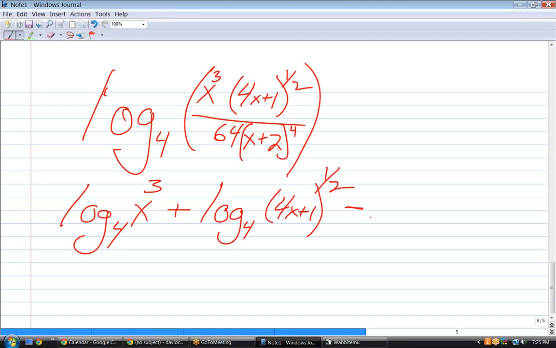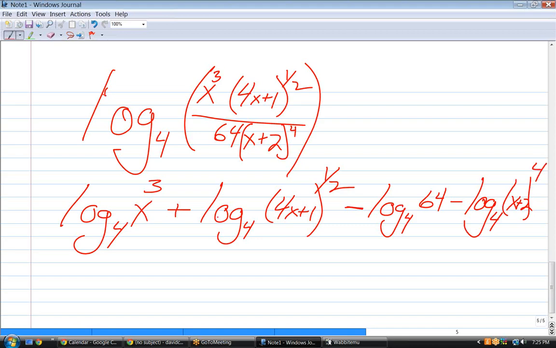Now we can do minuses. Log base 4 of 64 times x plus 2 to the 4th. Minus the log base 4 of x plus 2 to the 4th.